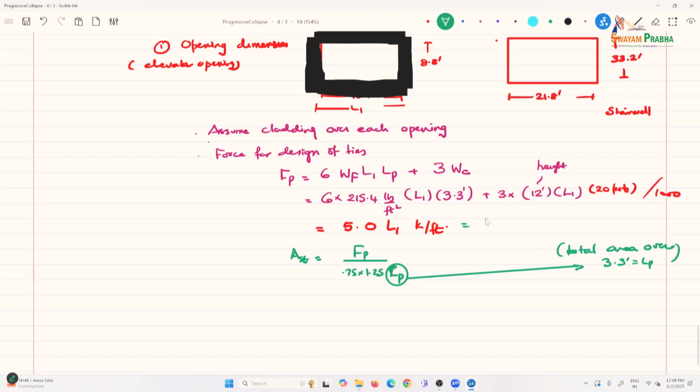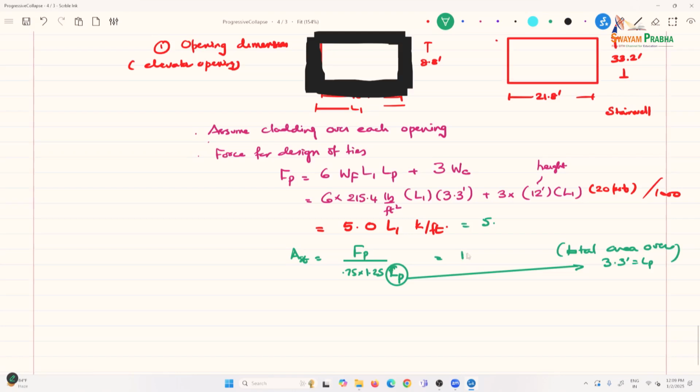So I think this is 5,000 kips per foot, right? So you need to convert it into inches. Be consistent in the units.